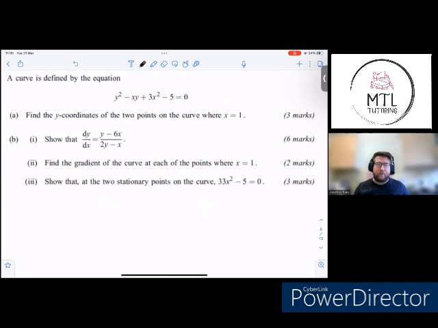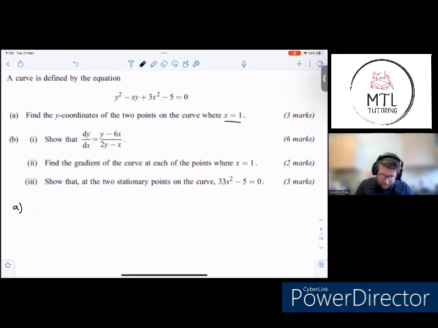Okay, so we've got a question with x's and y's in the function. So curves defined by that equation. Find the y coordinates of the 2 points where x equals 1. Okay, so to begin with, for part A, we're not actually needing to do any calculus. It's just asking us to mess around with the equations.